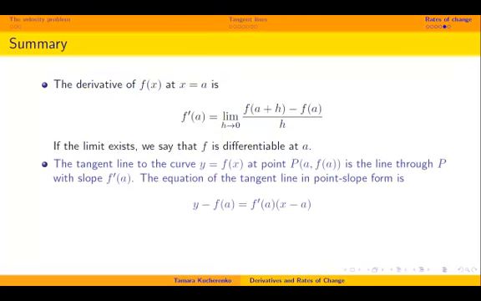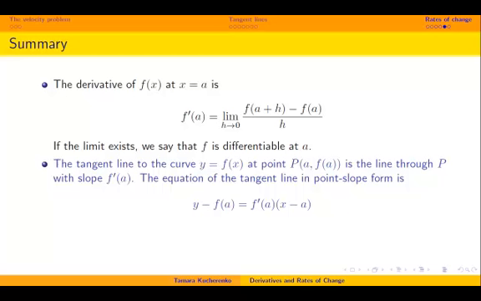The tangent line to the curve y equals f of x at point P with coordinates a, f of a, is the line through P with slope f prime of a.